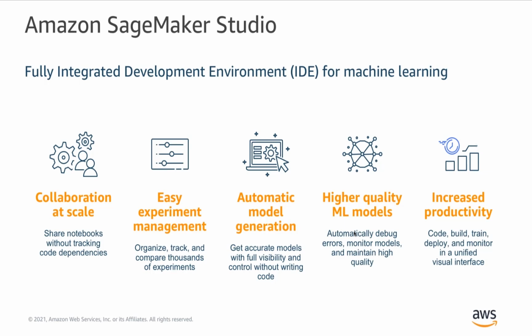As you might already be aware, Amazon SageMaker Studio is a fully integrated development environment for machine learning, which enables you to collaborate at scale, provides easy experiment and management capabilities, along with, of course, Autopilot for helping you get started and accelerate your model building, as well as providing you end-to-end tools and a unified visual interface.